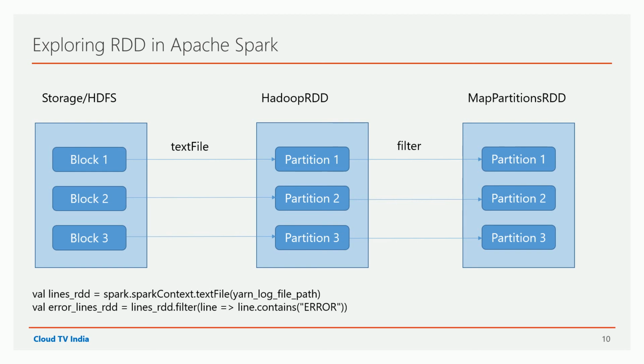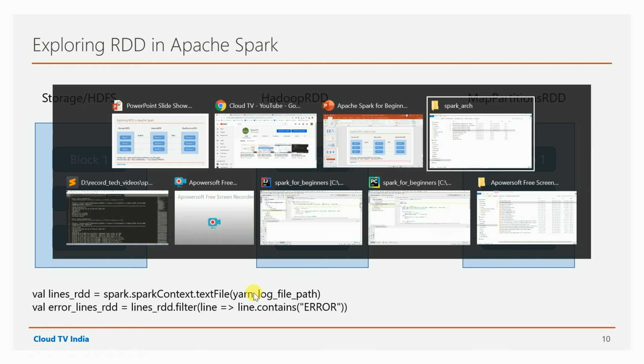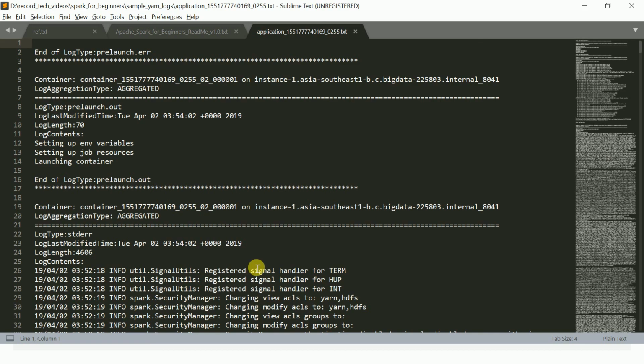In this example, which is going to be a Scala example, I took a simple file, a sample YARN log file. This is one of the YARN application log files. It contains log4j compatibility logs, so you will have info logs.